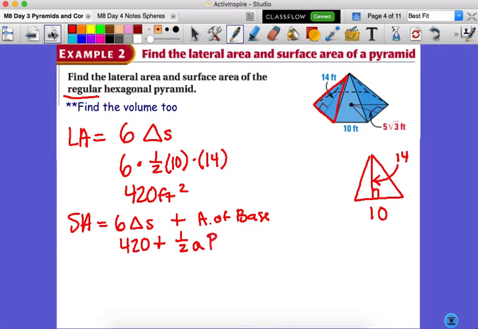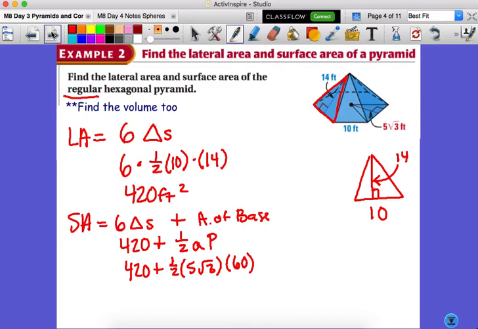So looking at my picture here, what's really nice is they did give me the apothem. They told me that that was 5 square roots of 3 from the center out to the outer edge. And the perimeter of this shape, we've got 10 6 times, so we've got 60 feet as our perimeter.